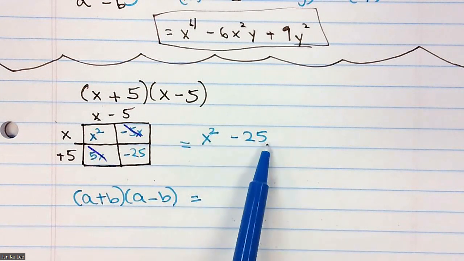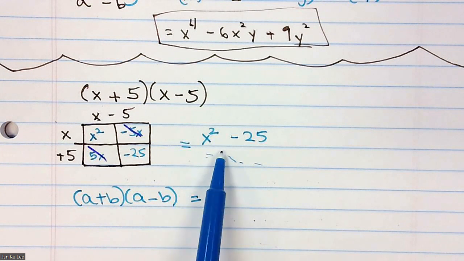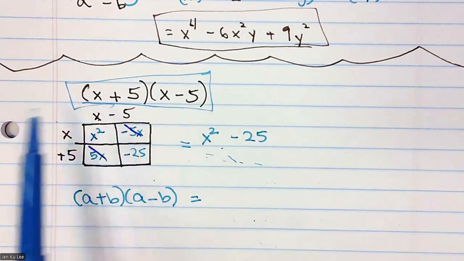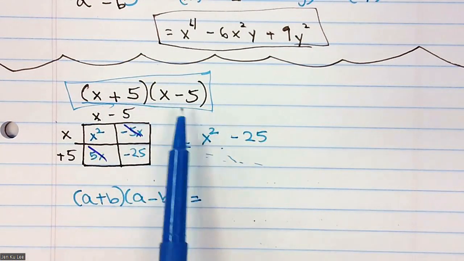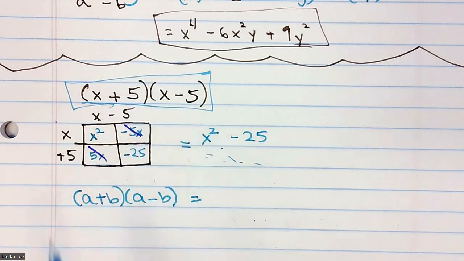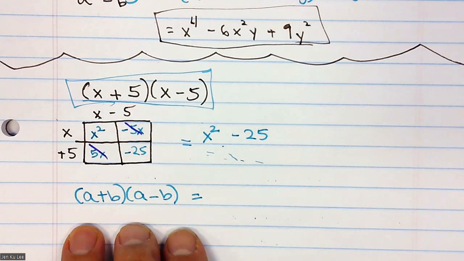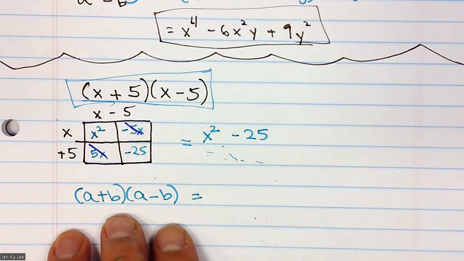X squared minus 25, right? We got that when we multiplied these two, correct? So whatever relationship you guys see, try and apply it here. I promise I don't bite. Try to apply it here. I promise I won't point and laugh.